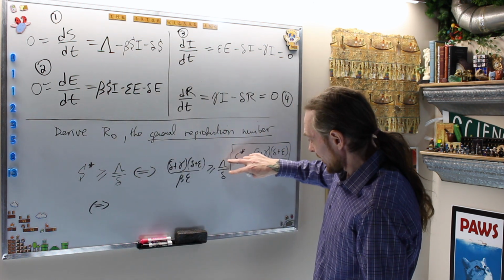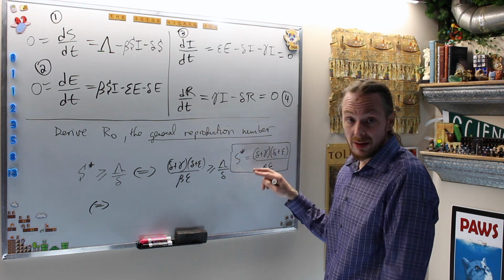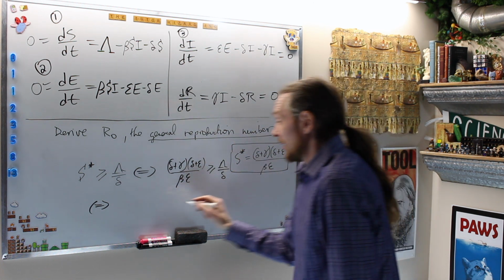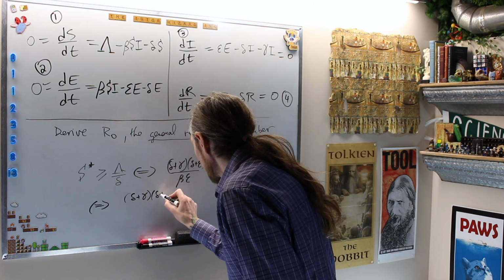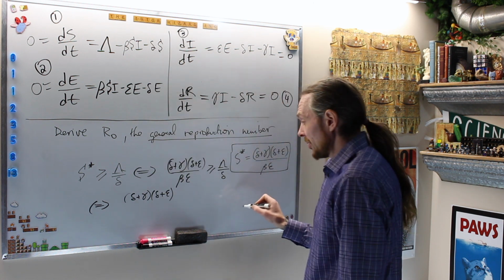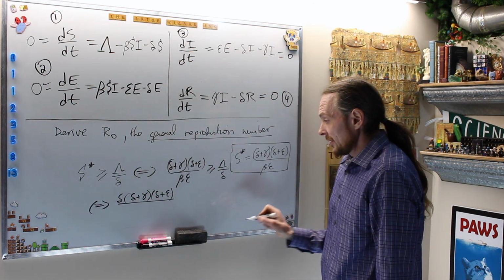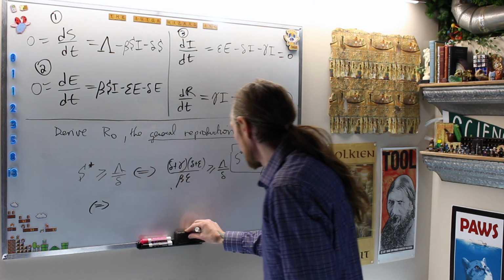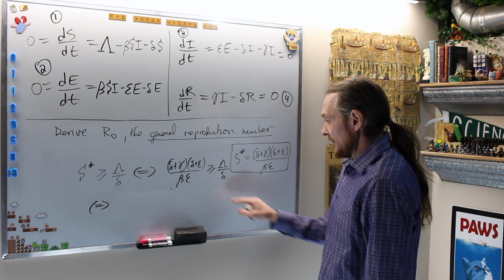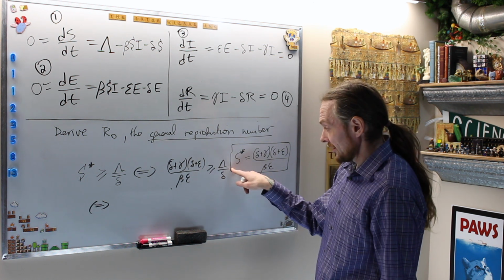Let's divide. These are all positive, so it won't change the inequality. All of these things are non-negative or positive quantities. And that will give us delta plus gamma, delta plus epsilon. I'm going to multiply by delta, and then I'm going to divide by these guys onto this side.